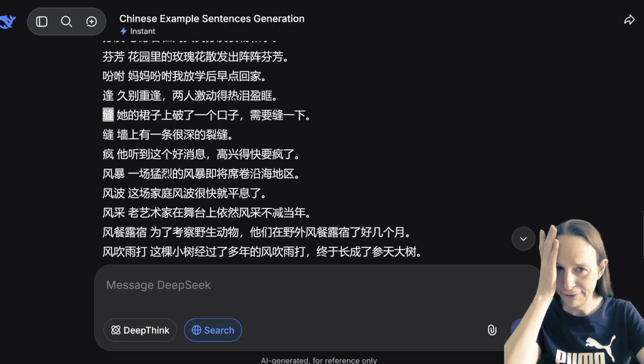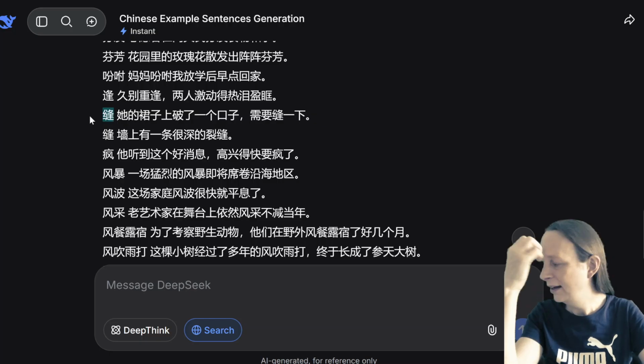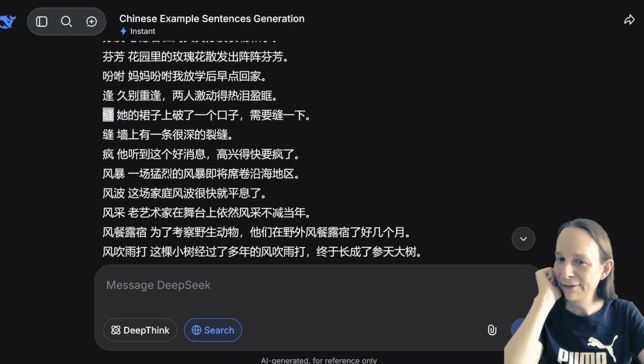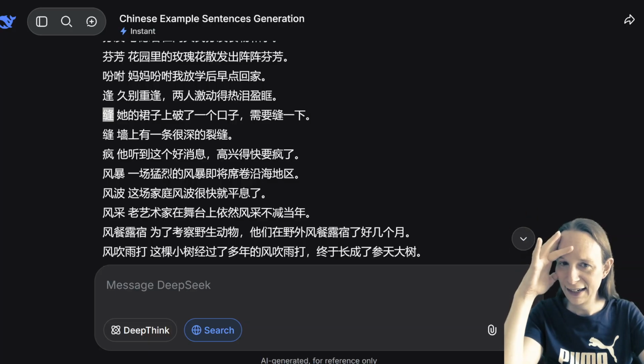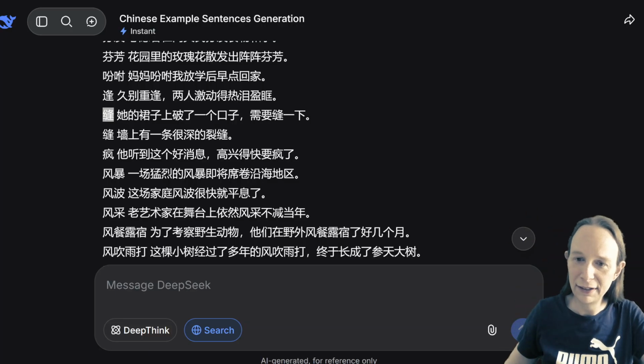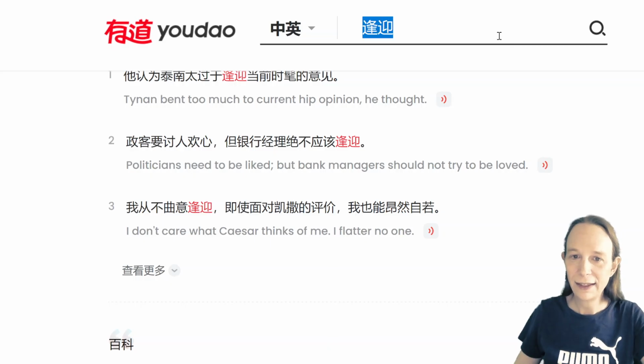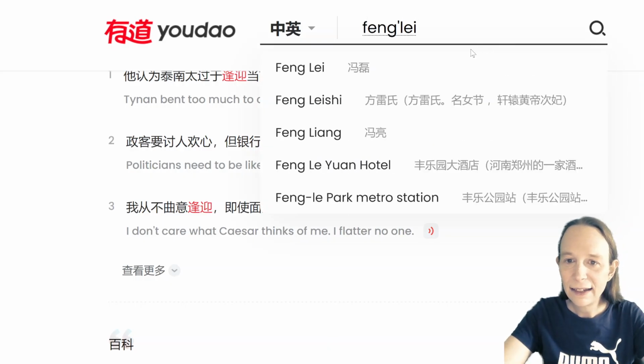Yeah, so this is feng. Hold on. Yeah, this is feng used in feng lie, right? Feng xi, and also used in taifeng. Feng. Oh, there's two pronunciations. I didn't get either of them. Okay, so 锋烈.